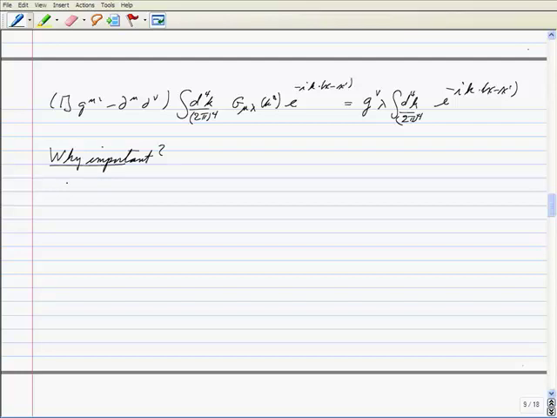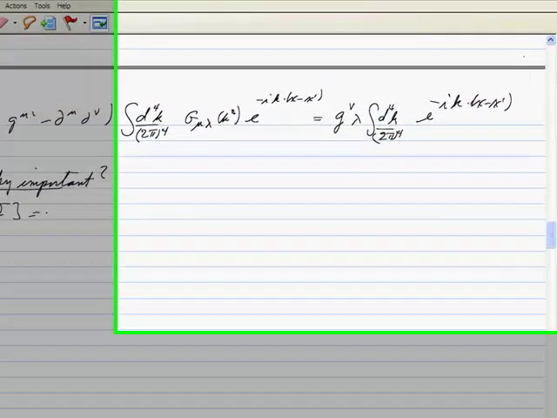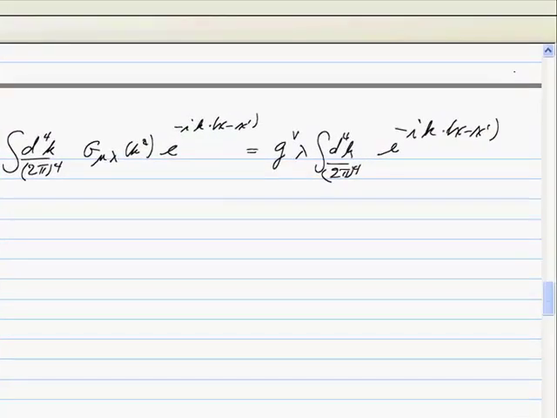Okay, remember we used the propagators when we formed the Z of J, which was the integral d phi e to the i integral, well, let's just use shorthand notation, phi O phi plus J phi.